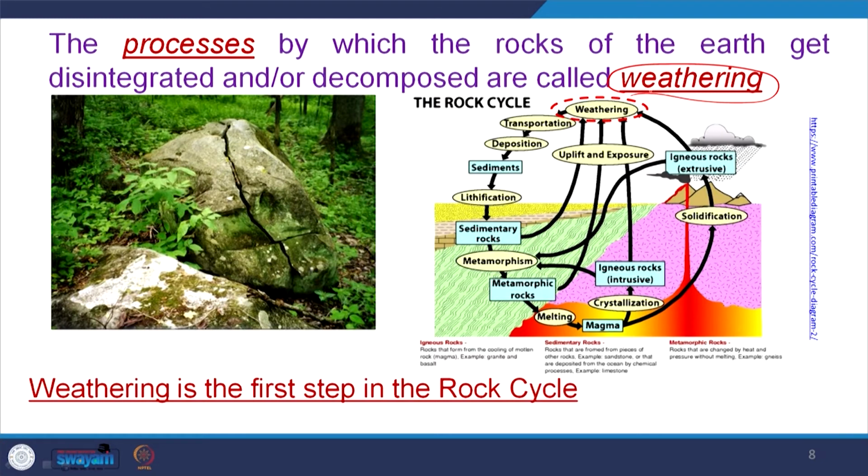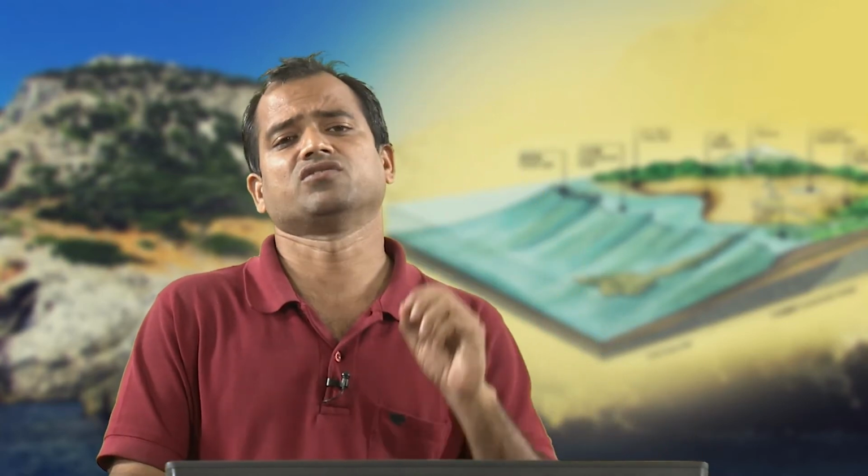In the first part, only physically the size is reduced without changing its composition, without changing its mineralogy. But in the second case, decomposition, the size may be reduced and the composition may change. So, weathering is not only confined to size reduction, weathering also involves compositional change.